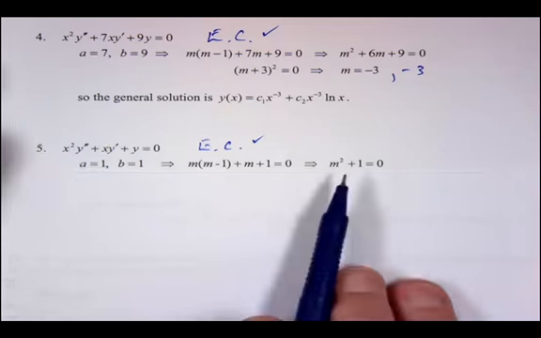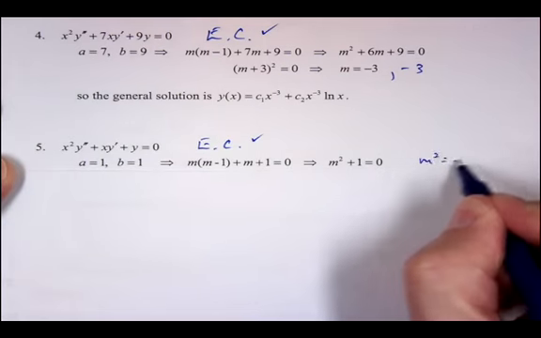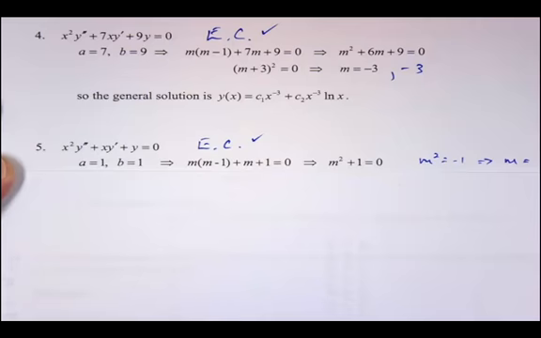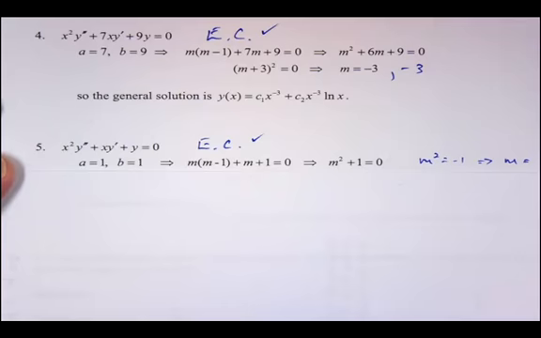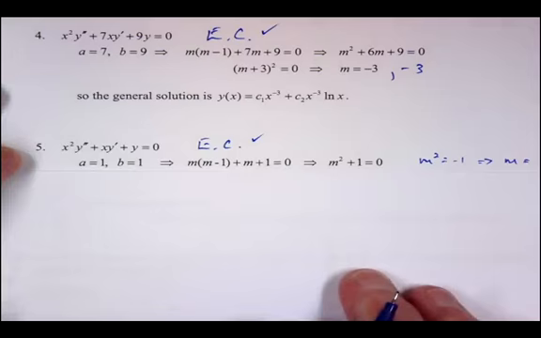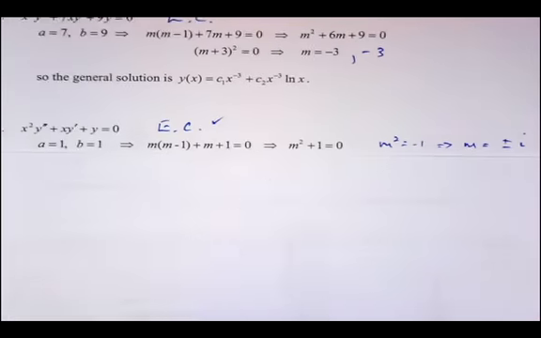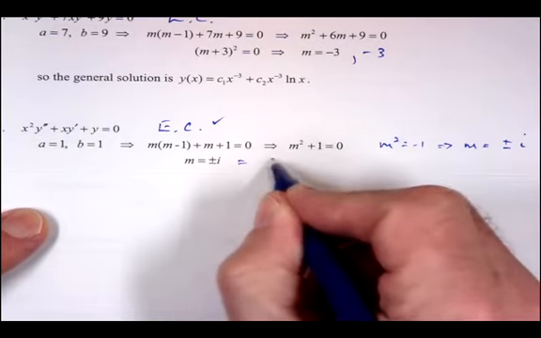Okay, well, we're obviously going to get from this m squared equals minus 1, which means m is plus or minus the square root of minus 1, but the name that we give the square root of minus 1 is i. Now, what are the values of alpha and beta out of that? Alpha is, beta is.